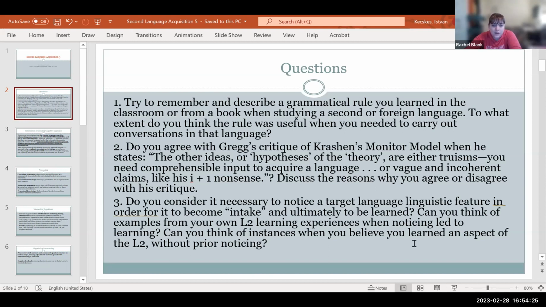I think it is necessary to notice a feature in order for it to be intake and be learned. Because when I was learning English, my native language, there were many things that I knew without knowing I knew it, if that makes sense.